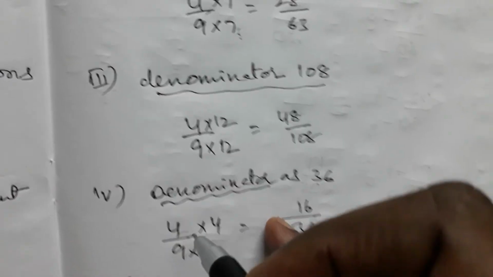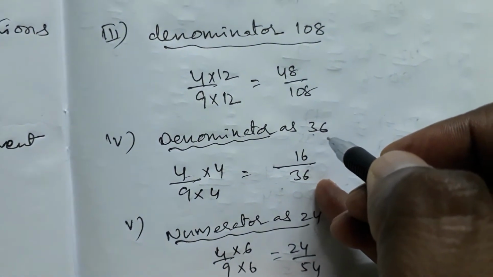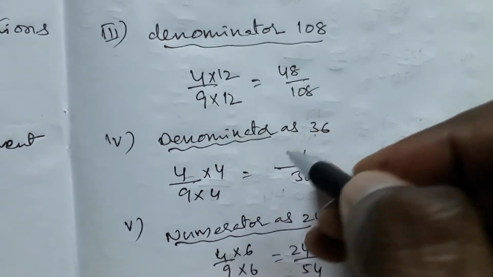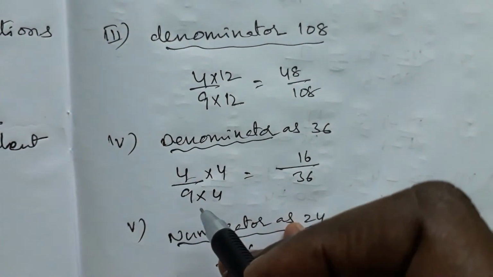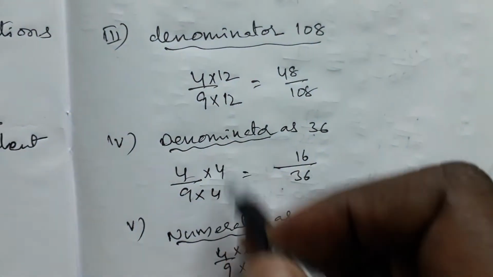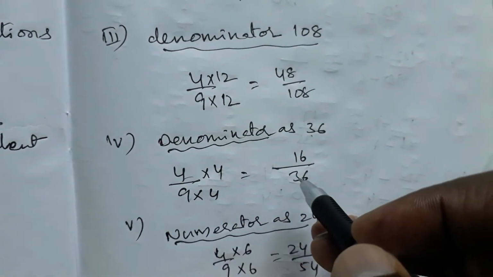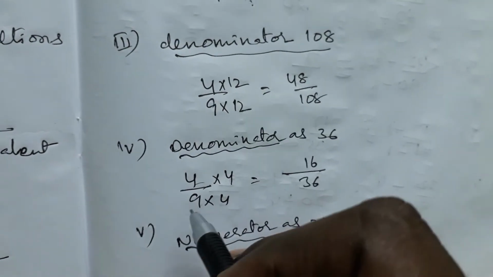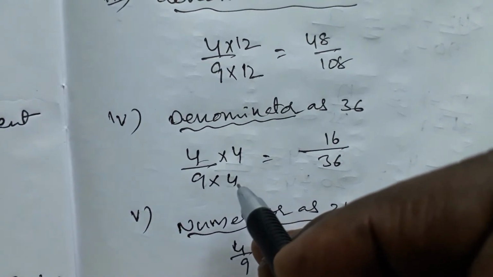Now the next condition. Denominator must be 36. Write an equivalent fraction to 4 by 9 and follow this condition: denominator as 36. Take 4 by 9, multiply the same table. The denominator condition is that the denominator must be 36. So to get 36, what do you have to multiply for this denominator? 4.